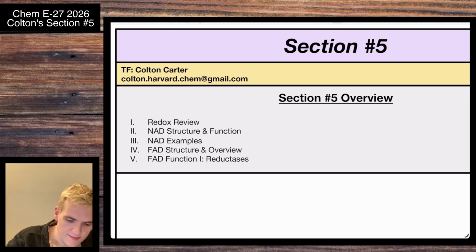So a base deprotonates one of the free cysteines. The free cysteine is going to go and attack one of the sulfurs in the disulfide bond. And then it breaks that disulfide bond and it grabs a hydrogen from the general acid.